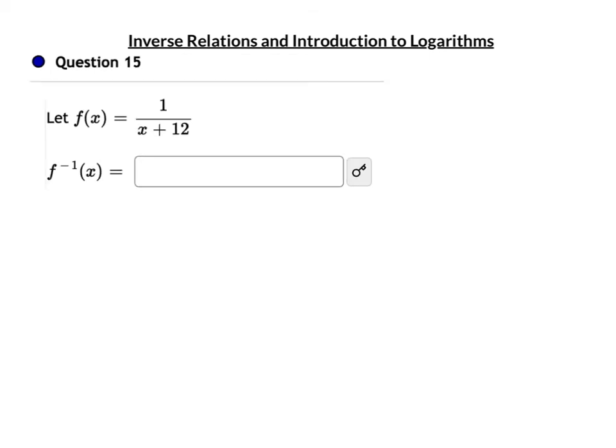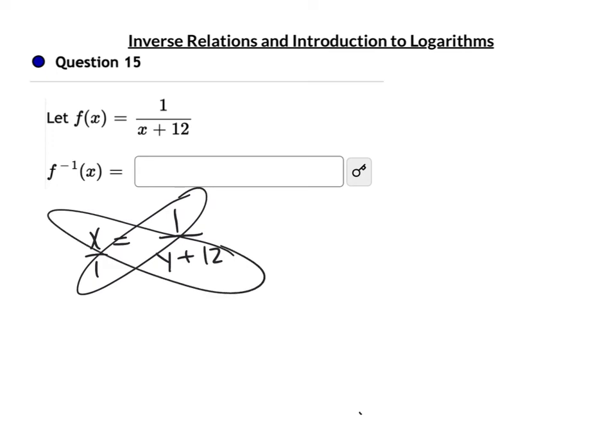Question 15. We'll exchange the variables. x equals 1 over y plus 12. I guess I put this over 1 and cross multiply. And we get x times y plus 12 equals 1 times 1. I'm going to get y by itself.